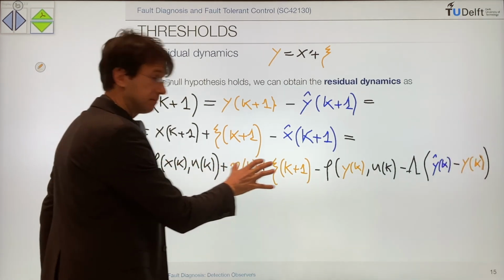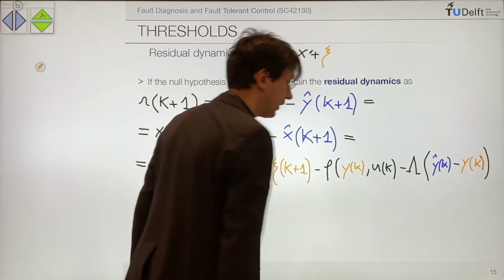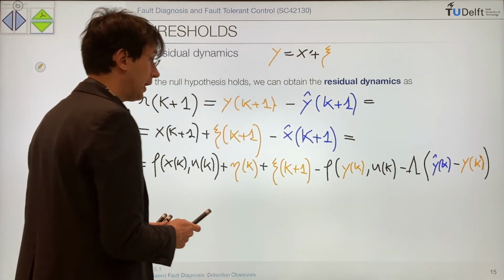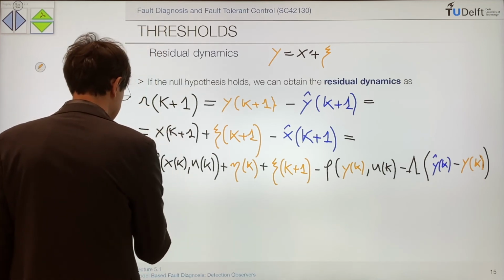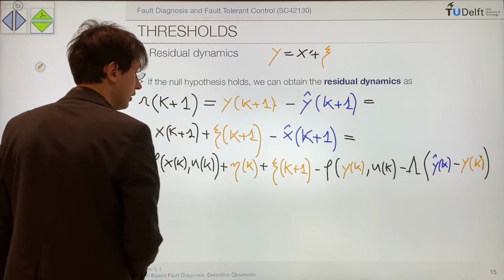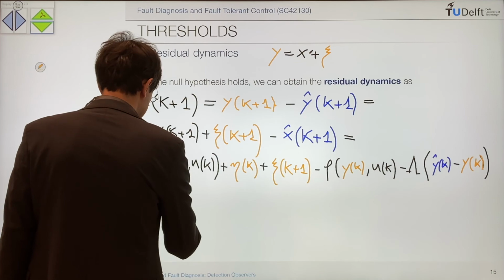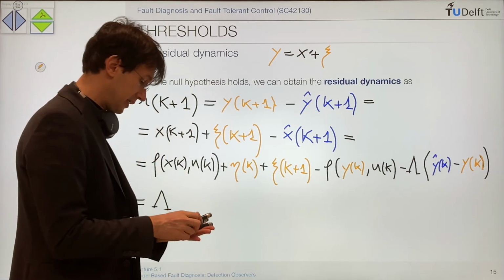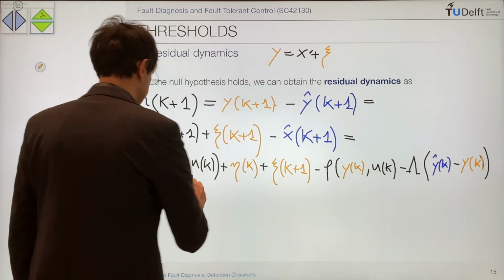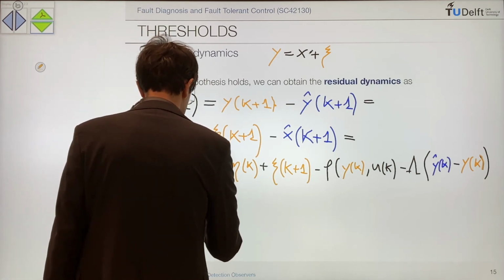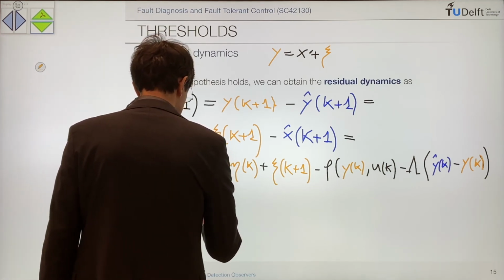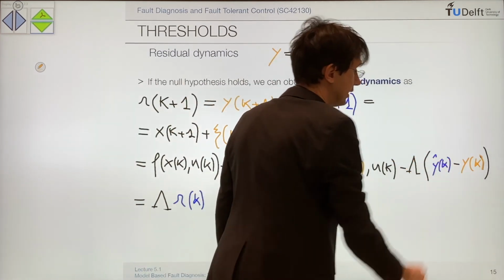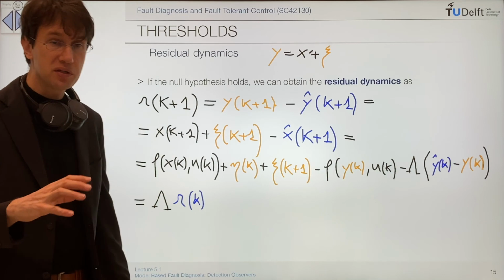Now that we got here, we can actually rearrange and group terms, and we can then write lambda that multiplies the residual r of k. Because if you remember, this y hat minus y is minus the residual.